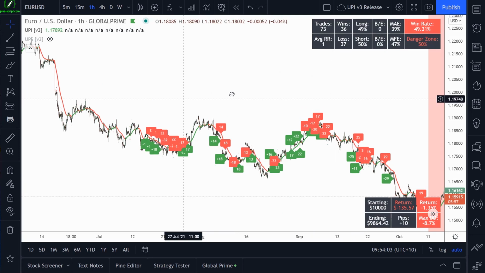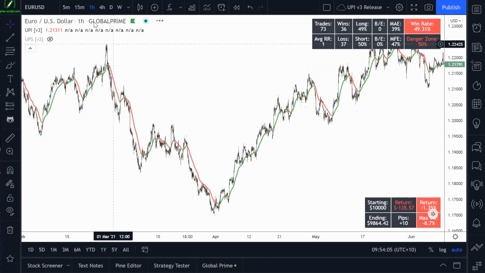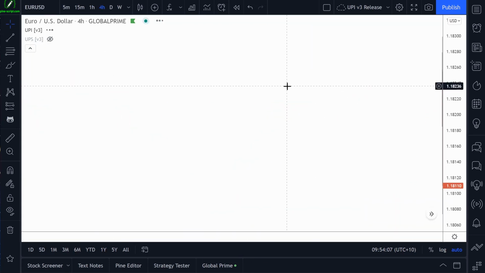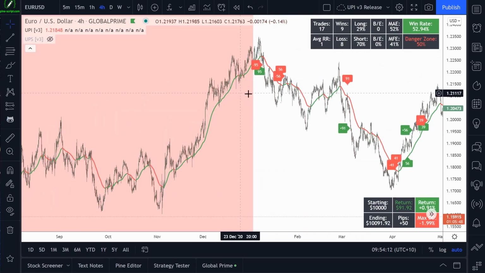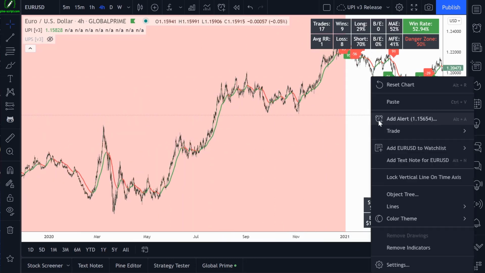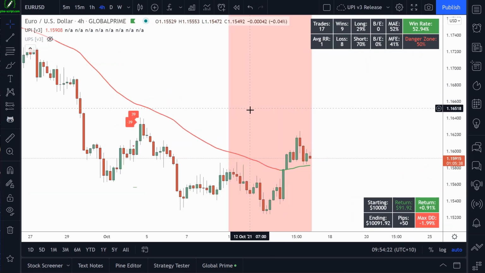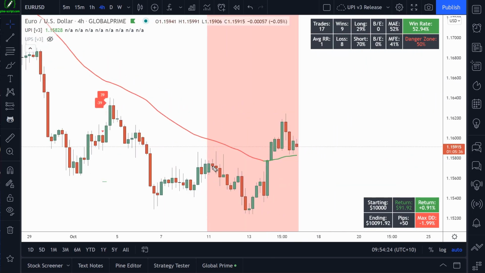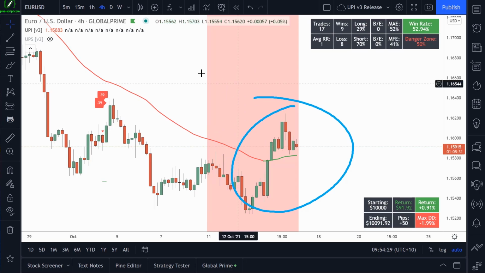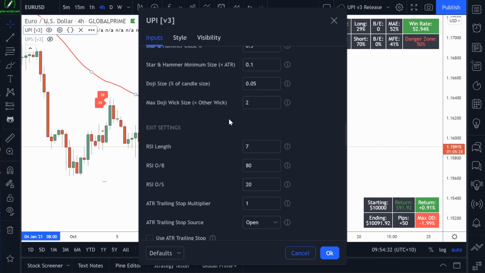If I zoom right out, actually let's go to a 4-hour time frame. Here we go. So this is the 1st of January 2021, and any trades that occur before that date are ignored by the script and the chart turns red. Any trade that occurs after our end date, the 10th of October, is also ignored and the chart turns red. So those are all of our date filters.